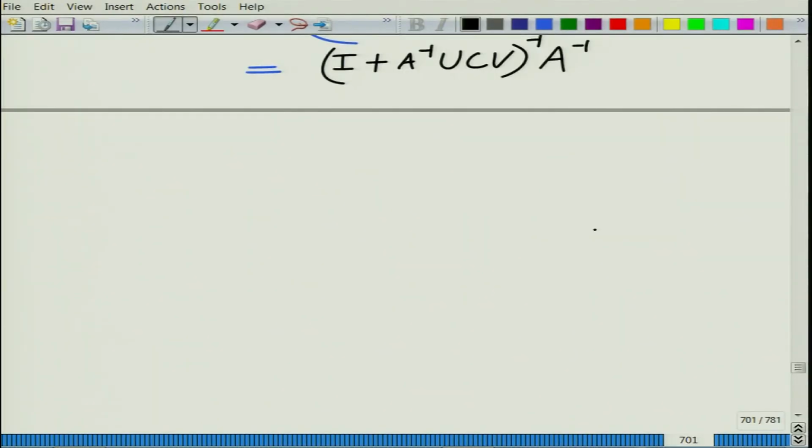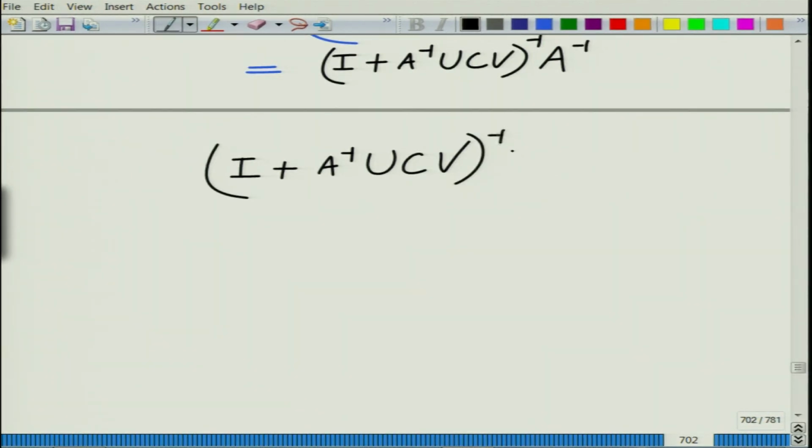Okay. Let us now continue this. Now we are going to use property 1. So we have (I + A inverse UCV) inverse times A inverse.